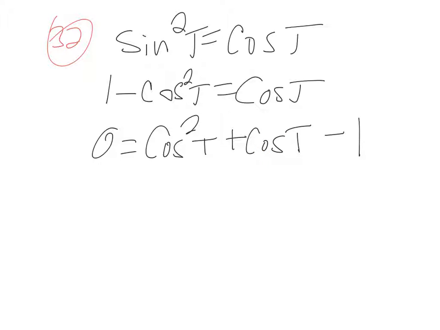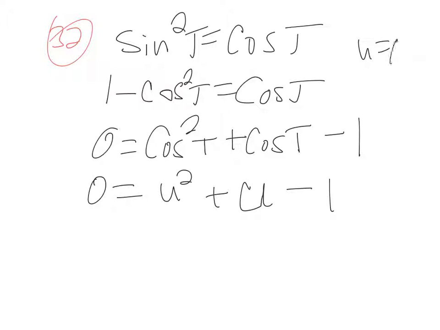So this requires the quadratic formula, and so what I'm going to do is, maybe I should do this to help you out. So u squared plus u minus 1, if I say u equals cosine of t. So now just use the quadratic formula. I could do this by hand. I encourage you to, this is a pre-calculus class, so I encourage you to use the polynomial solver.